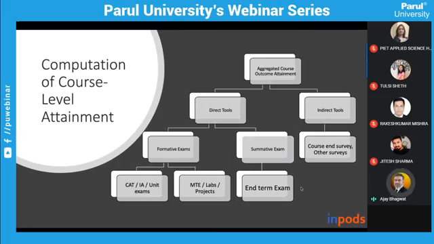So here we will start. Let us discuss how the computation of the course level attainment is done. The attainment computation actually starts at every question level.